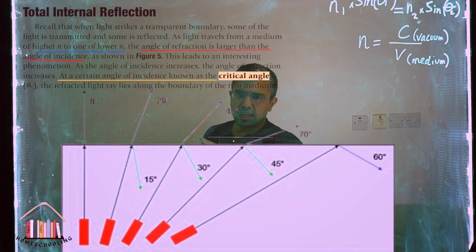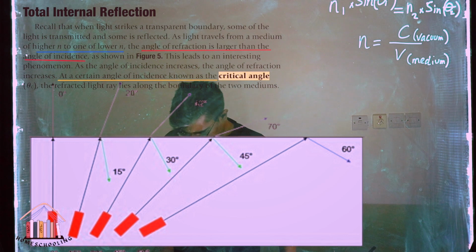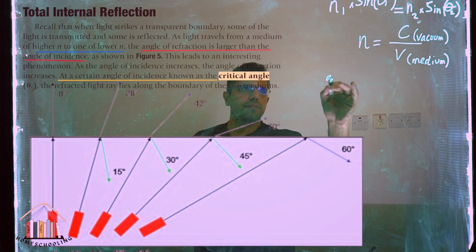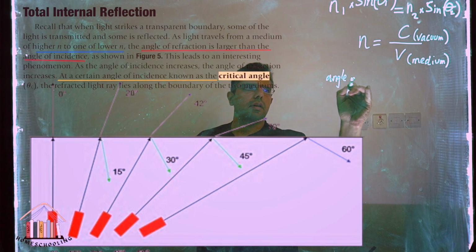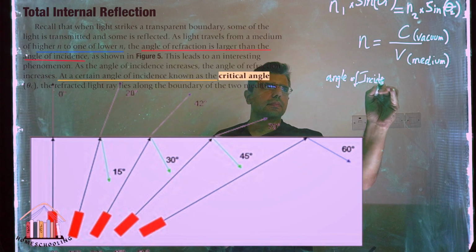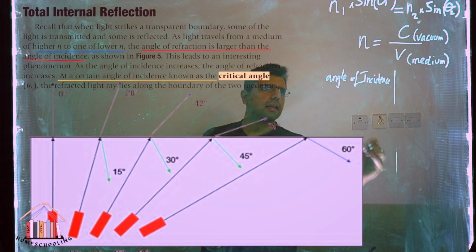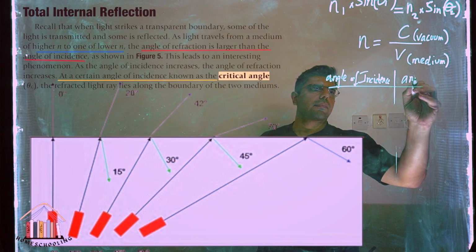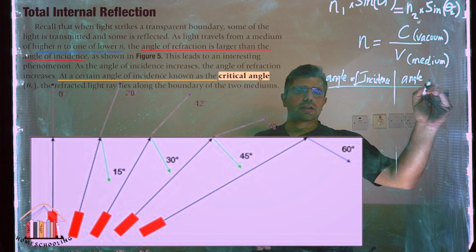Why? Because the light is passing from one medium to another medium. Let's make a small table here and write angle of incidence with angle of refraction.